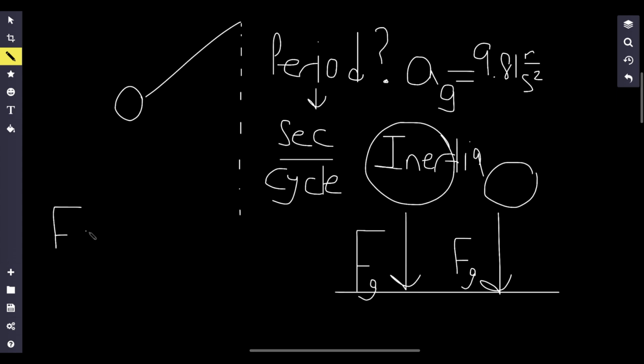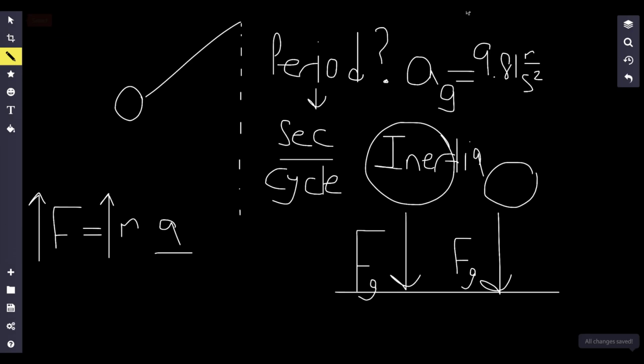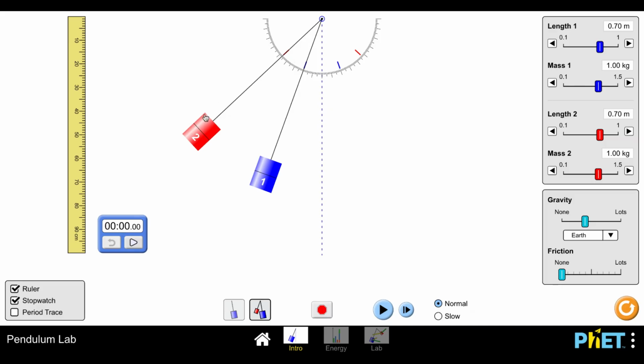Think back to force is equal to mass times acceleration. Even though the force of gravity is bigger, my mass in this bigger bowling ball is also bigger, and that actually balances out, leading to a constant acceleration. So I actually got two pendulums. Now this second pendulum, I'm dropping it at a 45-degree angle.